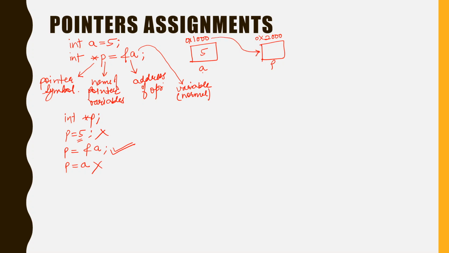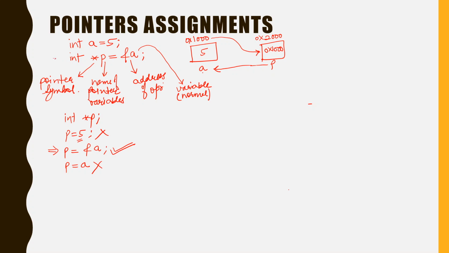This address of a will go here, and as soon as it is stored, p starts pointing to a. This is what is interpreted by a pointer variable, and this is the correct notation for assigning an address to a pointer.